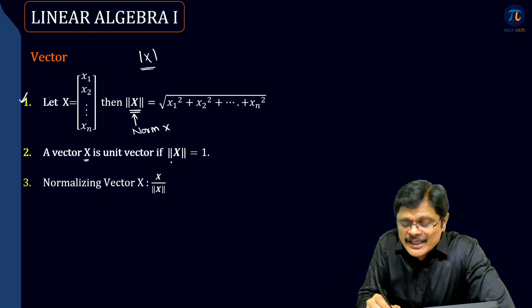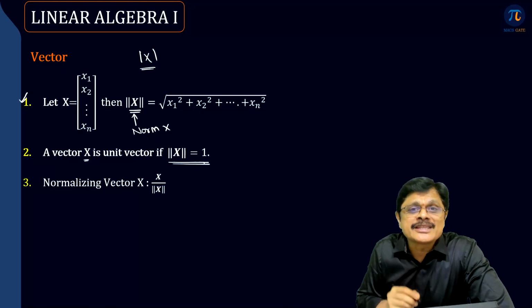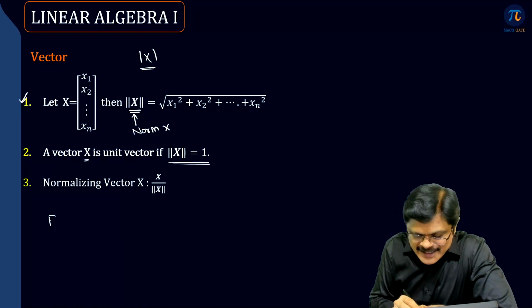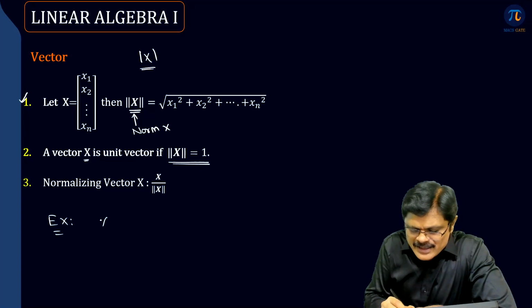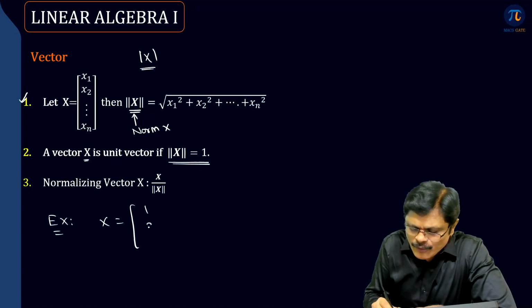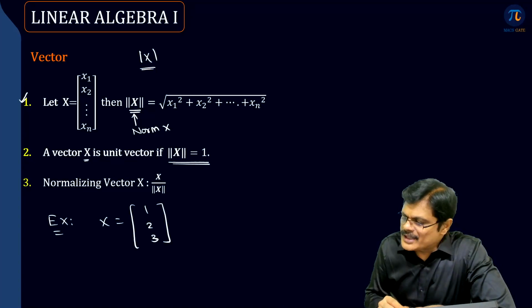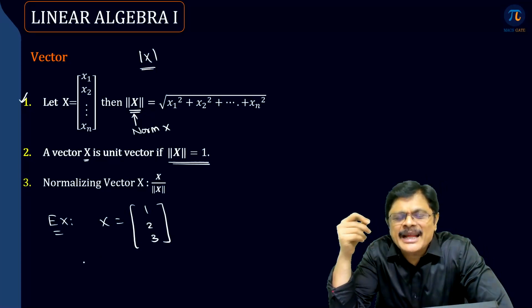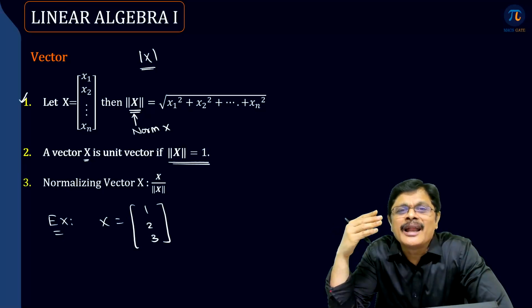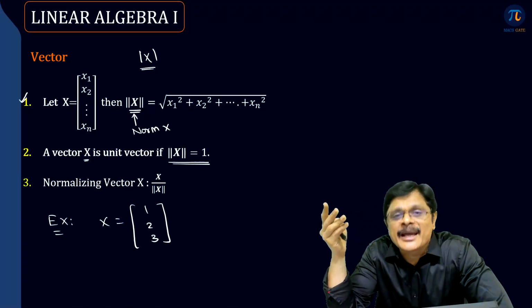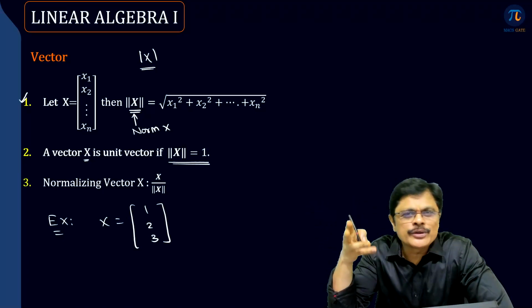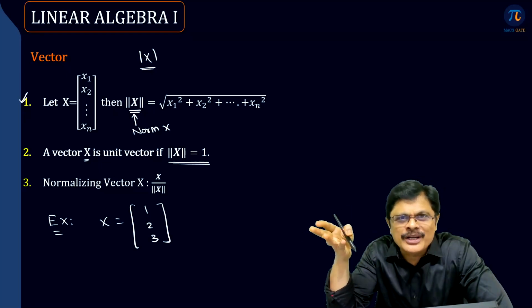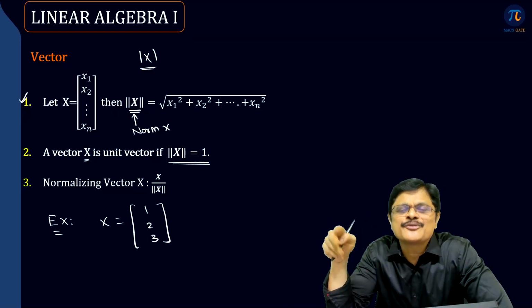Suppose there is a vector whose length is equal to 1, we call such a vector a unit vector. For example, consider this vector, 1, 2, 3. What is the length of the vector? Norm is a special terminology used for the length of the vector for higher dimension vectors. Up to 3 dimensions, we use mod x only, but for higher dimension vectors, we use norm.